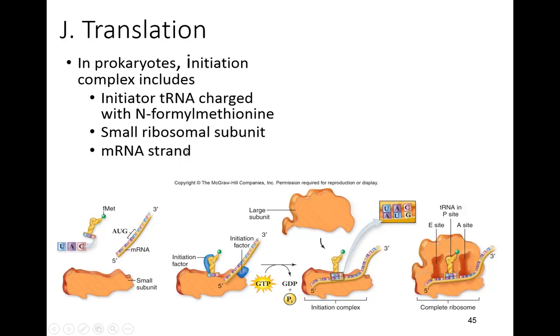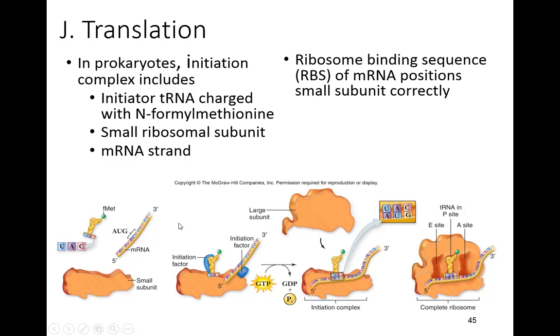Then you have a small ribosomal subunit which attaches to the mRNA strand. And then the ribosome binding sequence of mRNA positions the small subunit in the right place, and the large subunit attaches on top. So you start with the formylmethionine charged tRNA.